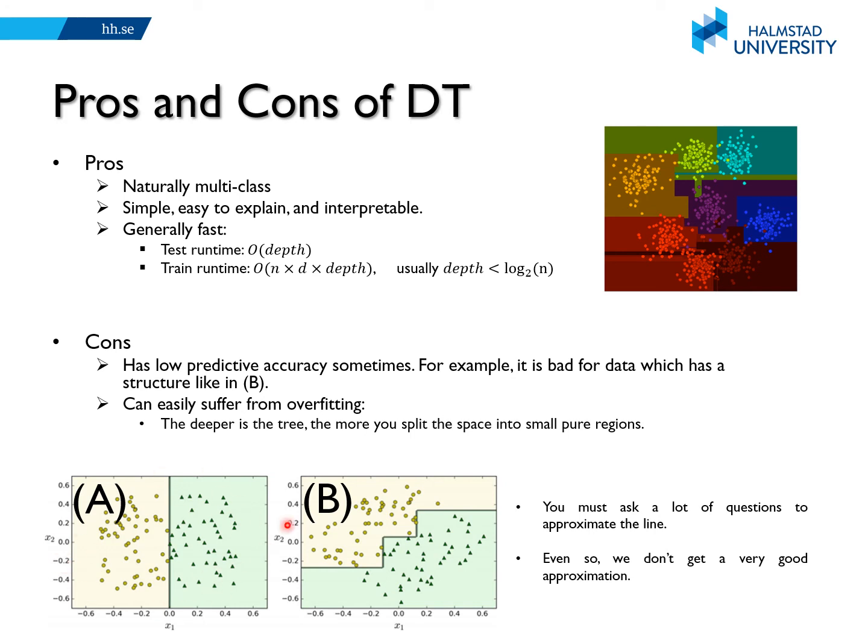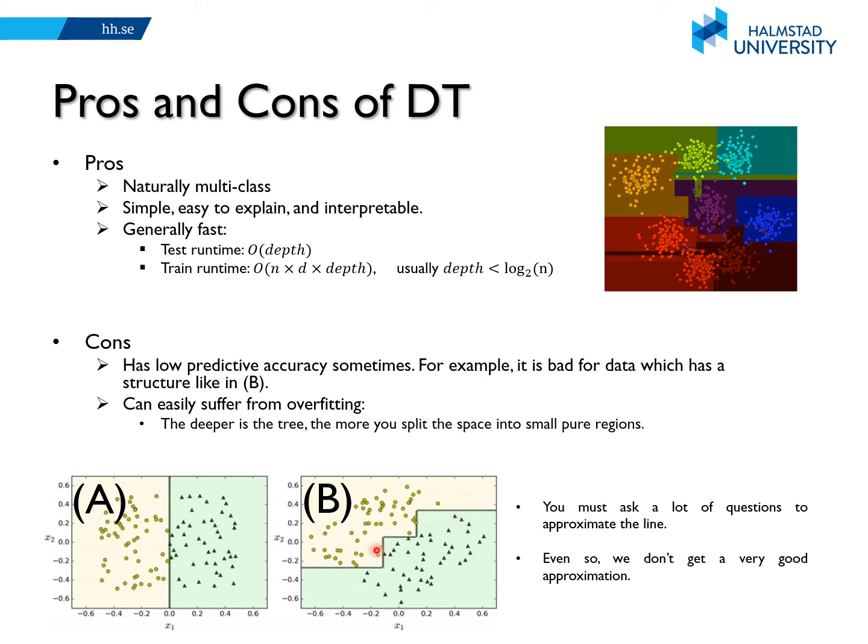But if we just rotate this data set a little bit, like here, it is very easy to separate those two classes using a linear model, for example logistic regression, just by drawing a line here. But for a decision tree, you must ask a lot of questions, so you'll get a lot of nodes before being able to approximate this line sufficiently well.